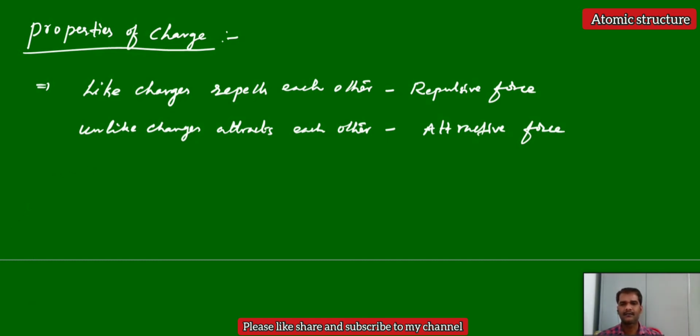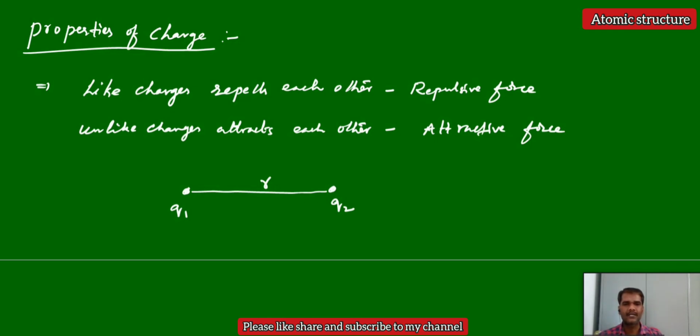Next, one more important point: Coulomb's law. When two charged particles are present at a distance r, there is some electrostatic force between them. We can calculate its magnitude like this. Let us take two charged particles at a distance r, with charges q1 and q2.